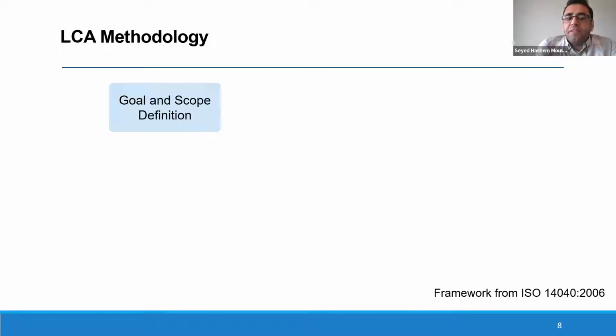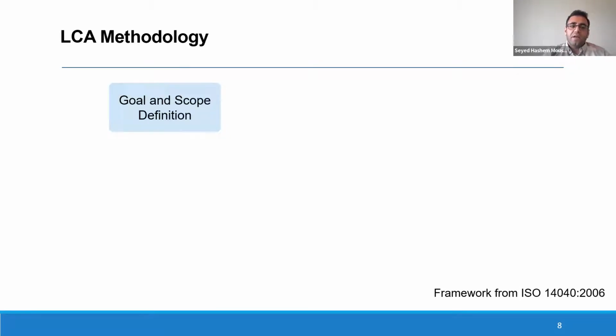LCA actually has four main steps or stages that are provided by ISO standard. The first step is goal and scope definition. In goal and scope definition, we should identify the intended audience for the study, the proposed application and function for the product, and the reason for performing this study.